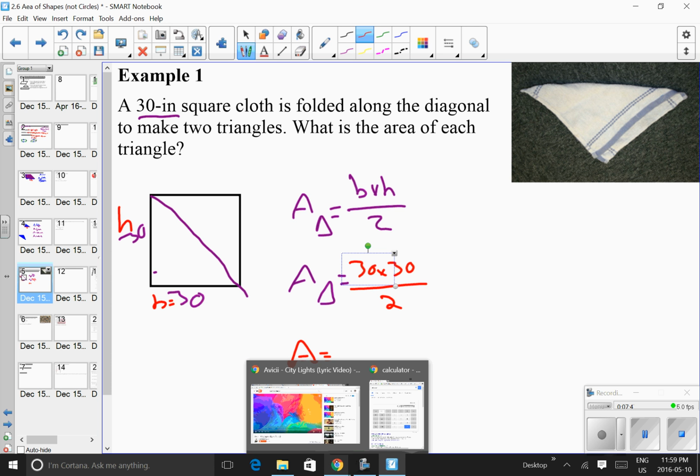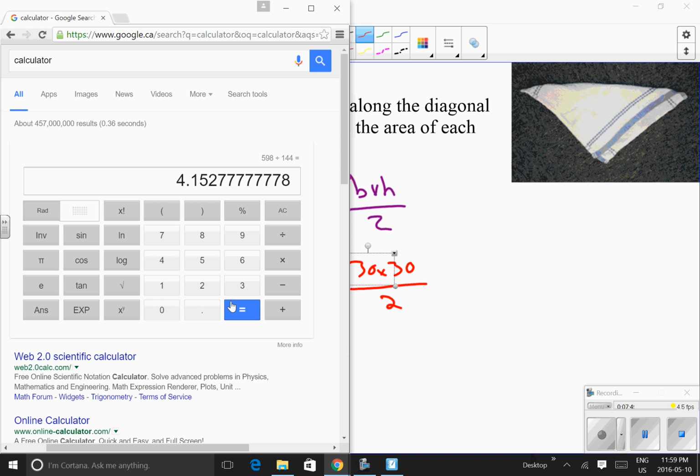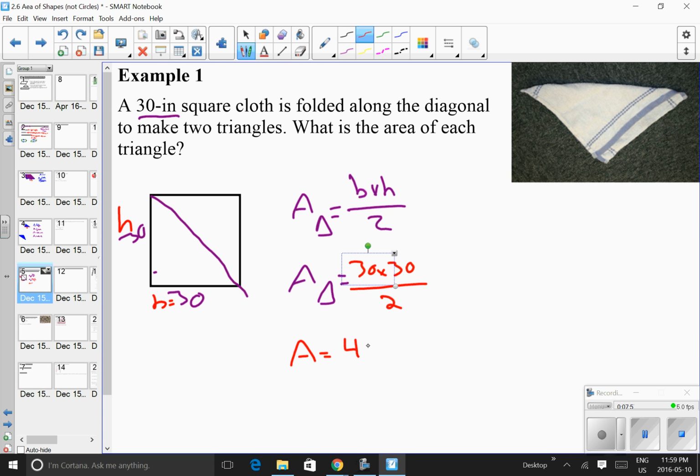I'm just going to run to my calculator here. 30 times 30 equals 900. Now divide by 2. Bam, 450. And since we were talking with inches, my area is 450 inches squared. That's it.